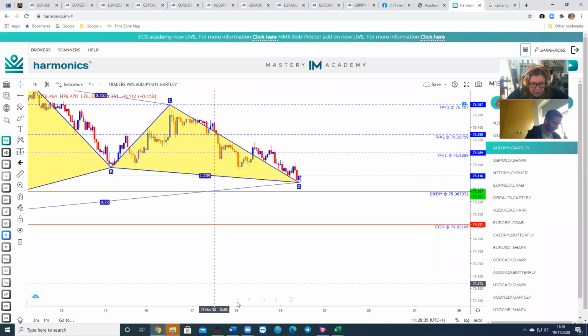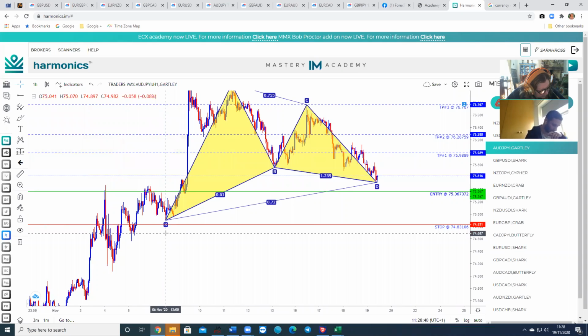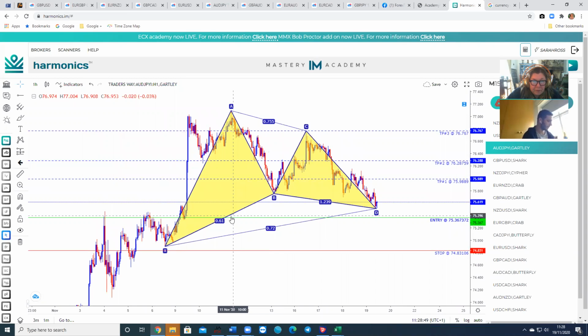So AJ hourly, we've got an X point of the 6th of November at my time at 1300. The A is the 11th at 08. The B is the 13th at 02.